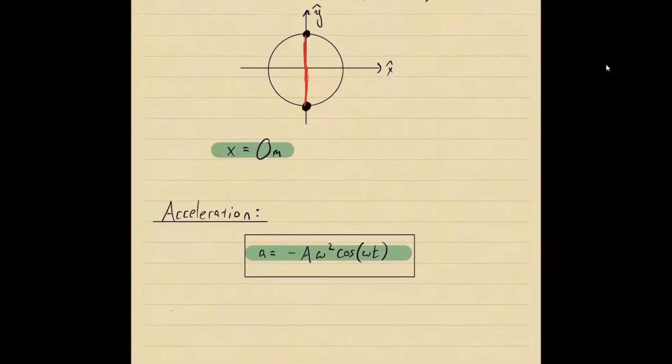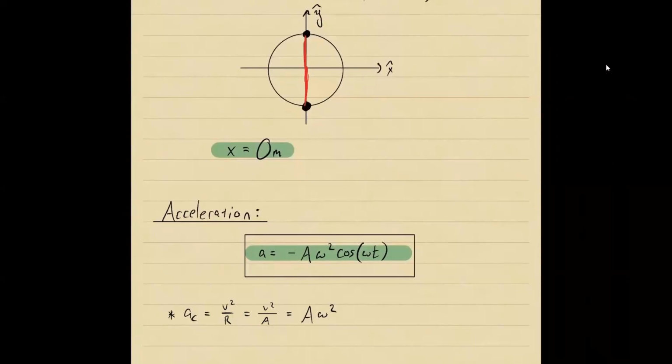If you remember, the centripetal acceleration of something moving around in a circle is v squared over r. But in this case, the radius r is just the amplitude A for our reference circle. That's v squared over A, which is going to be equal to A times omega squared.